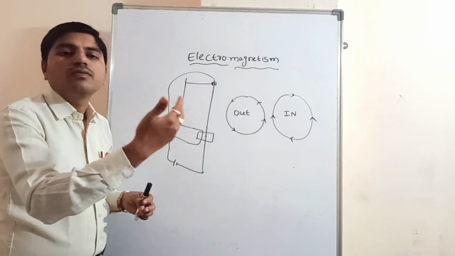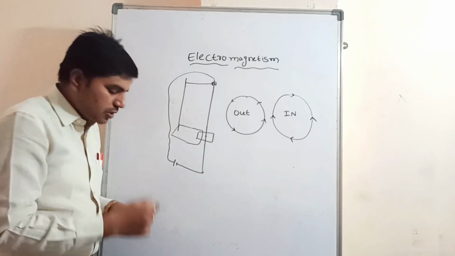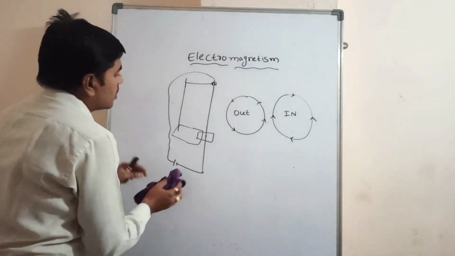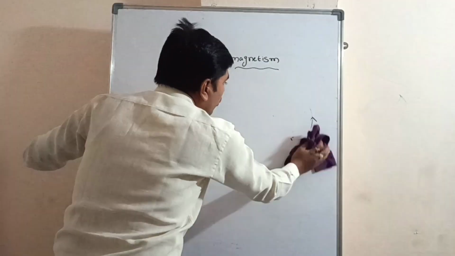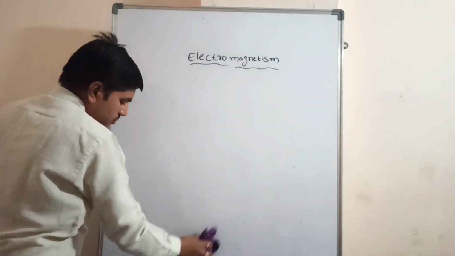For example, a curved conductor is there. I will show that the conductor is a curved one. The curved one gets more magnetic field.